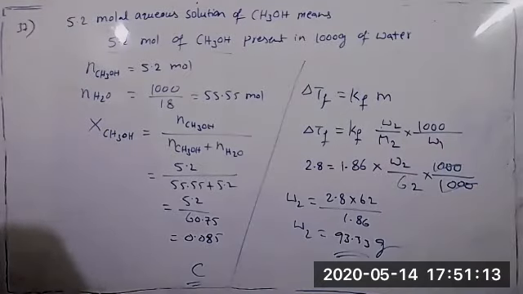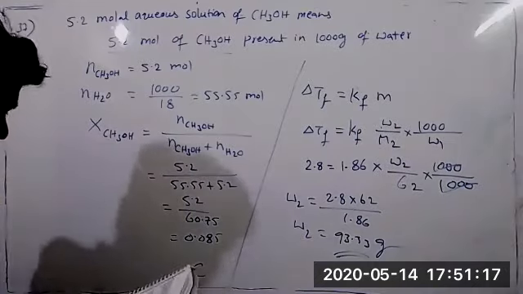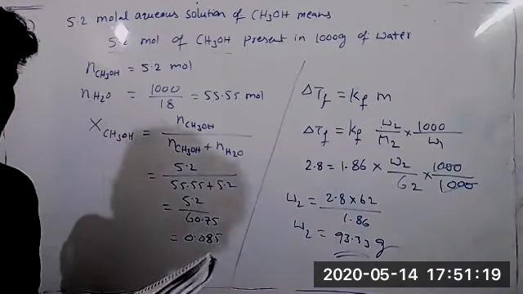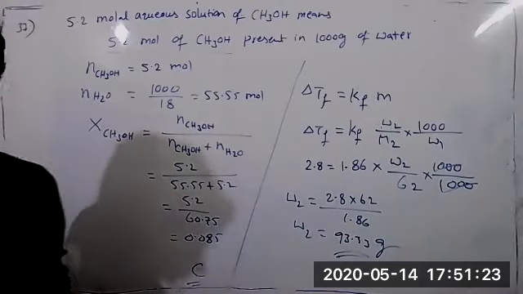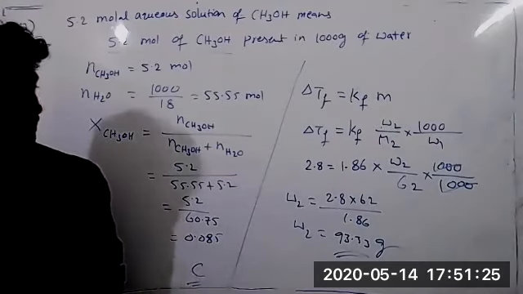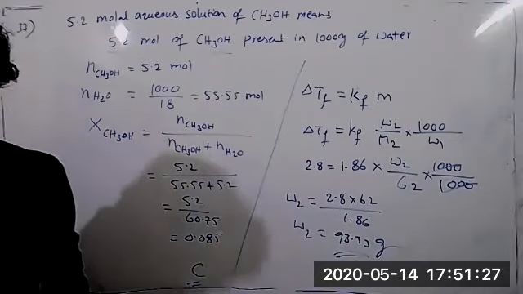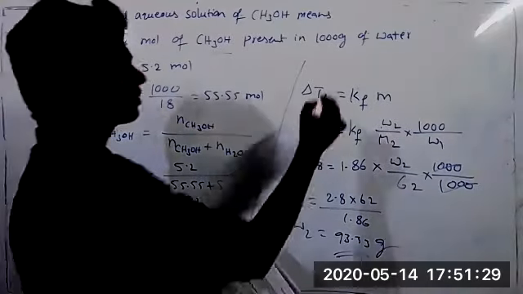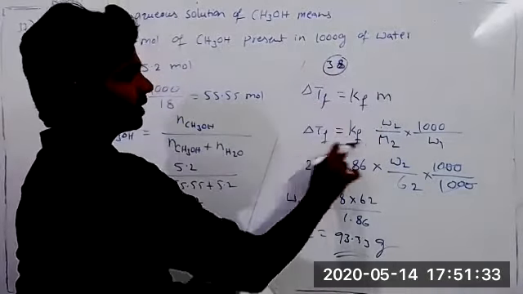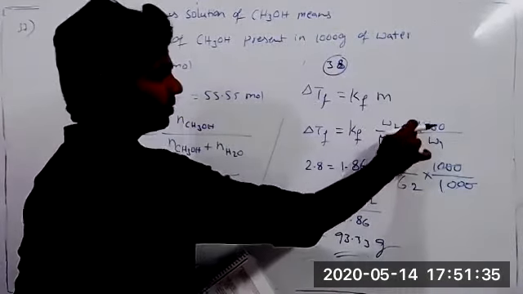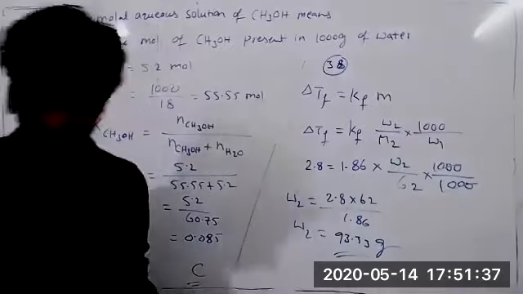The next question, 38. This is similar to 36. Same formula we have to use: delta Tf is equal to Kf into W2 by M2 into 1000 by W1, but values change.